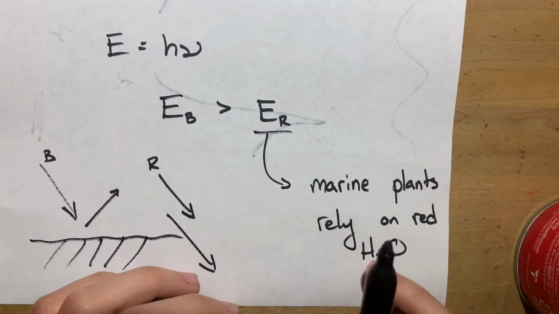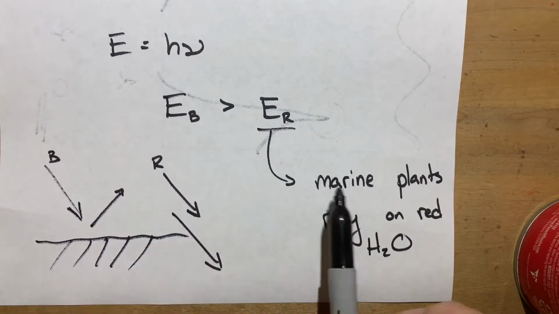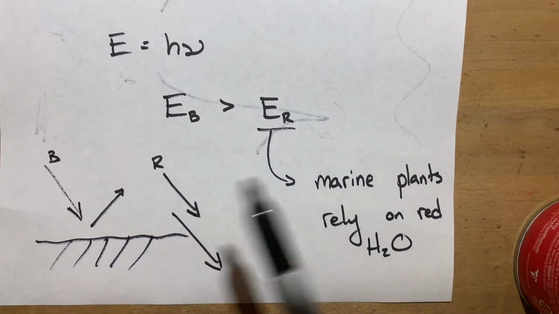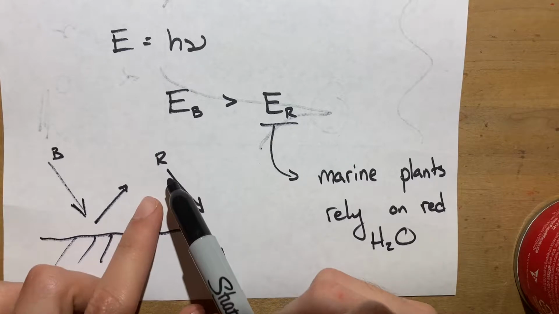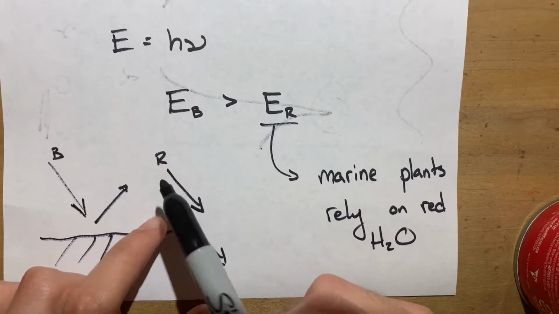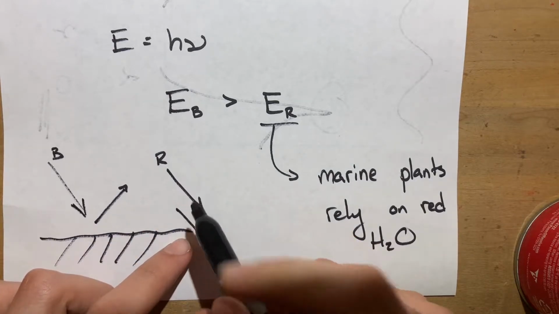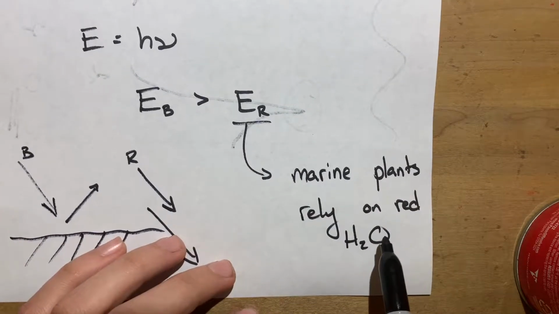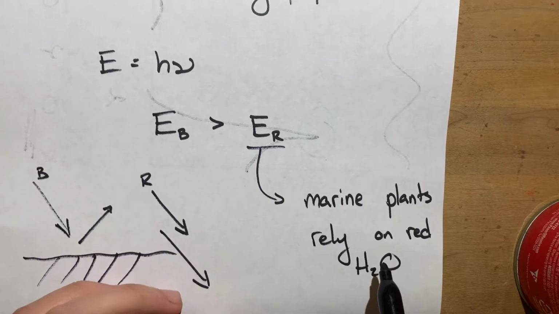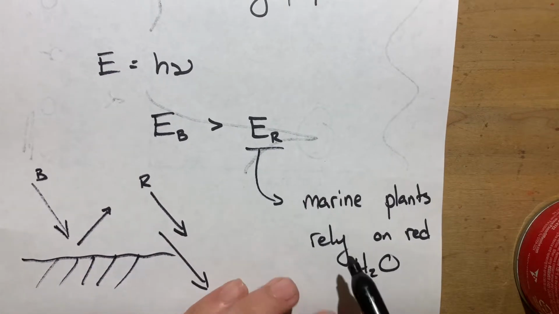Referring to earlier how we understand that plants are green because they're reflecting green light, water is blue because it's reflecting blue light, right? So red light is actually the wavelength that's mainly able to penetrate into water, and that's what provides marine plants the ability to carry out photosynthesis and sustain themselves.